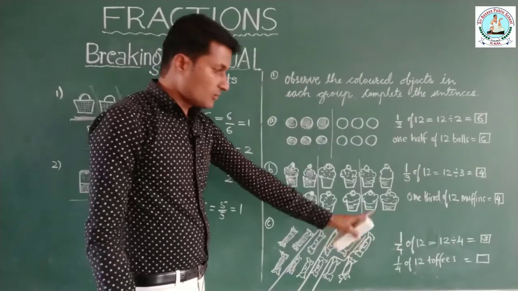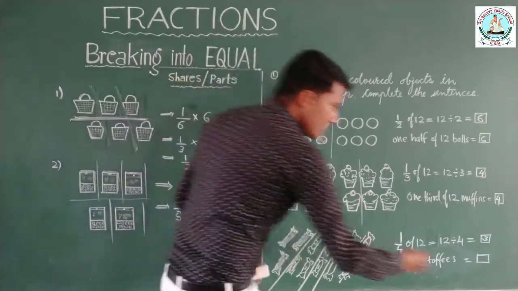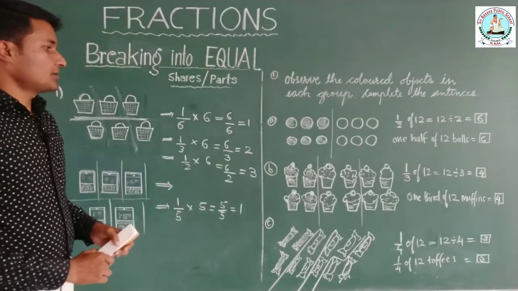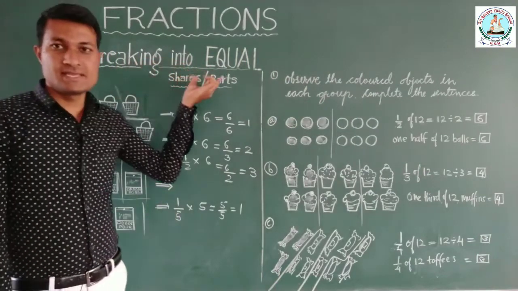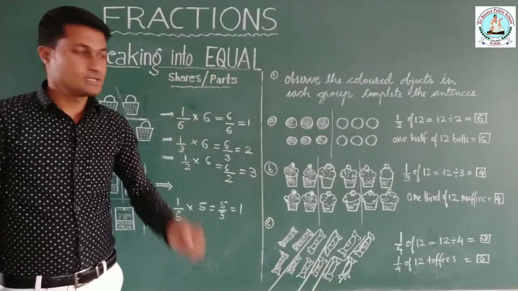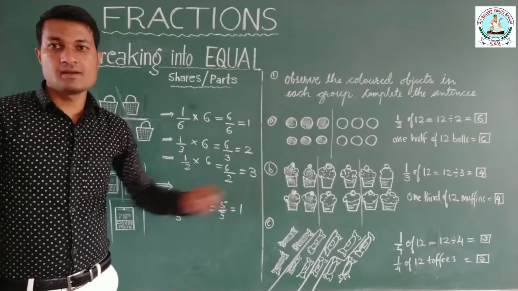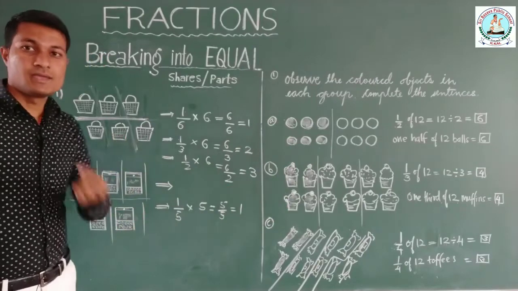Or else 1/4 of 12 toffees is how much? 1, 2, 3, same answer, that is 3. So this is how you can break the items of the same kind into equal shares or parts. Sometimes you can answer them by observing the colored parts, or sometimes you can break by yourself.